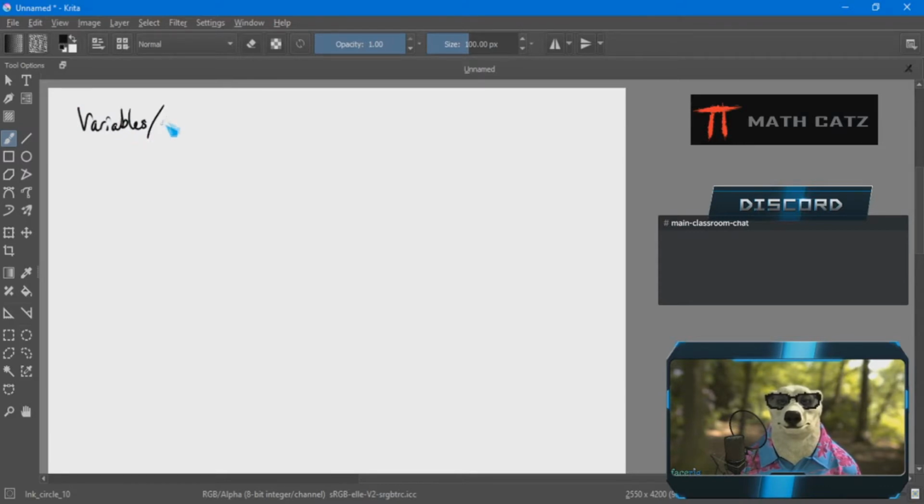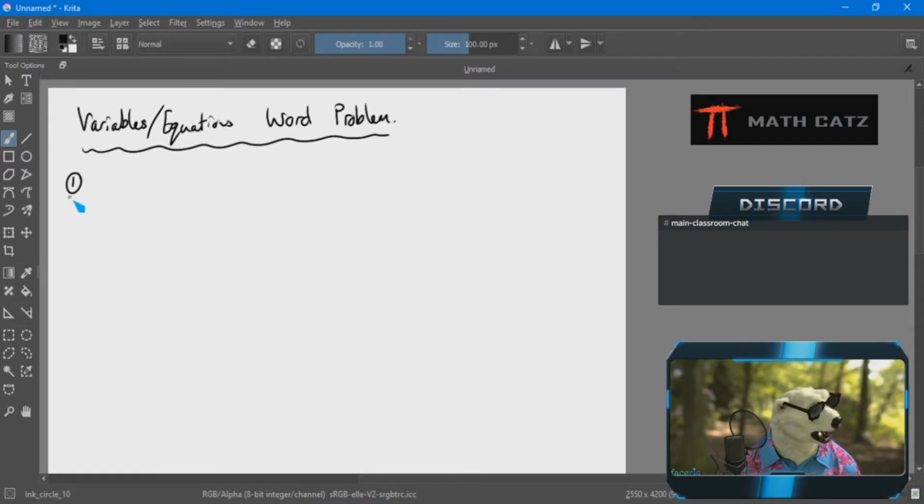So if you talk about variables and equations in a word problem setting, I want to keep the four main steps in mind for how I'm going to go through this word problem.